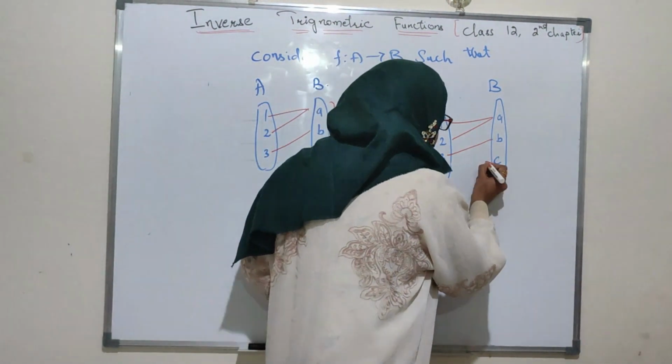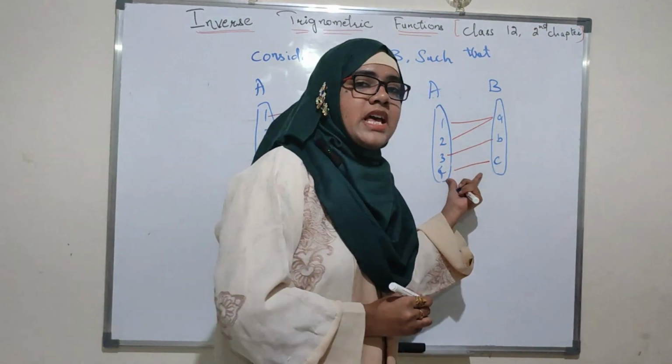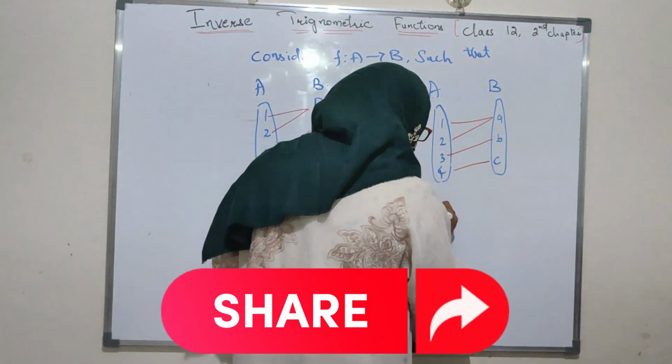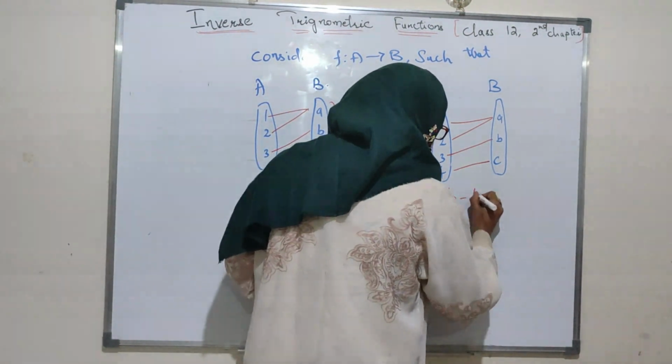And C connects to 4, that means C is the image of element 4. So here it will form an onto function.